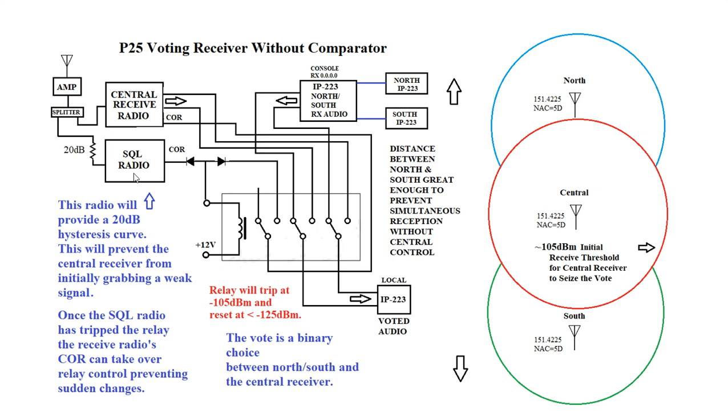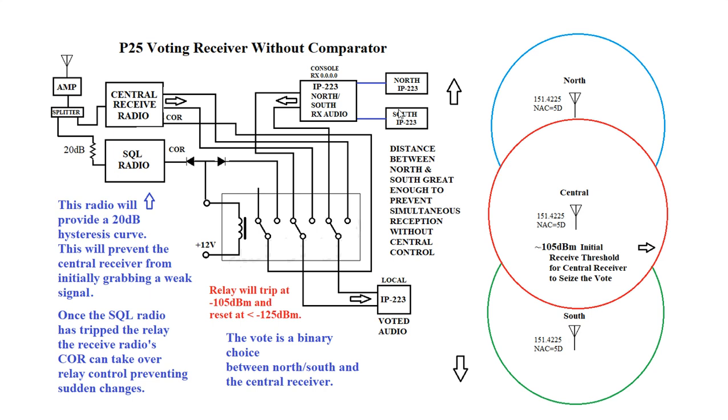So, when it comes to the voting situation, it's a vote between two. It's a vote whether it's going to be the north and the south, or the central. Now, how I combine the north and the south is that both are coming in on the intranet with our network, through IP223s.